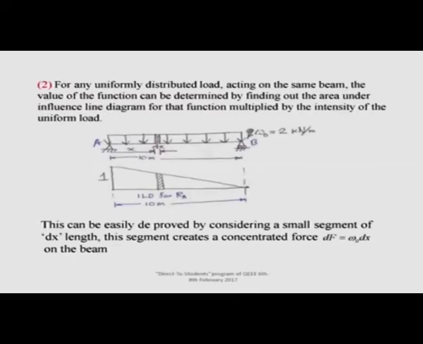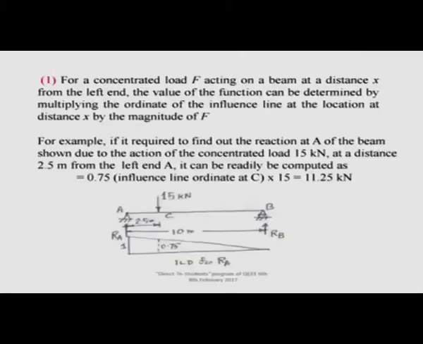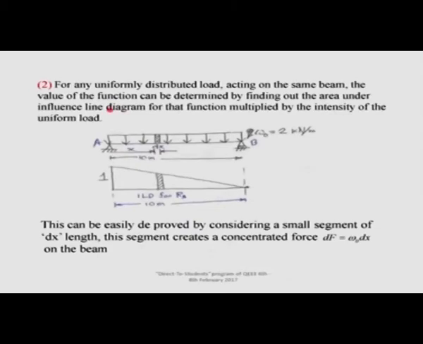That's it for right now. Let me recapitulate quickly what we have discussed in day 1 session 2, once the influence line diagram is drawn. Either with the concentrated load or with the uniformly distributed load, how do you actually determine the quantities?